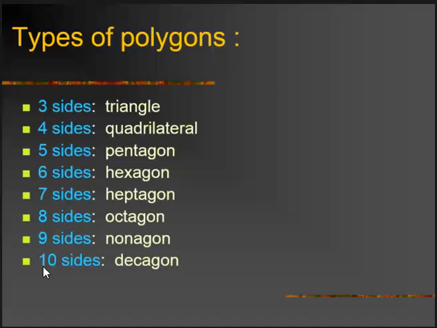Anything above 10 does have its own special name, but we can also just use numbers. So I could put 12 here. If I put 12, then I have a 12-sided object and I just call it a 12-gon. I put the number 12, 1, 2. Okay. If it had 28 sides, I would put 28-gon.